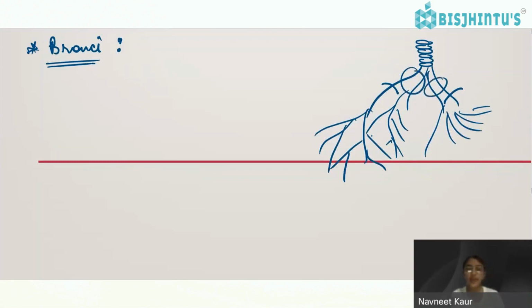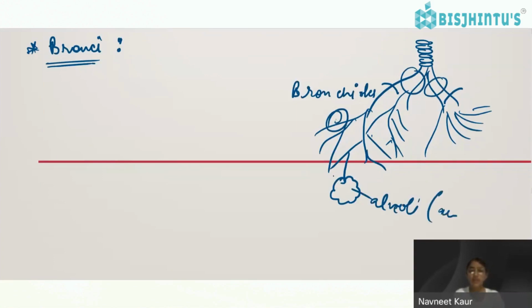The widened tube is called bronchi, and the branches that are forming, primary and secondary, are called bronchioles. And after these there is a structure like this, which is called alveoli, also called air sacs. So it was all about bronchi. It is a very important part. You need to remember the structure. This is the main structure, and alveoli is there.